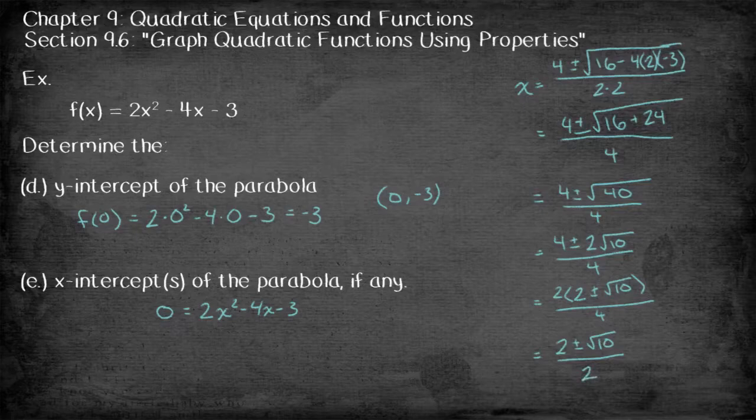We end up with 2 plus or minus the square root of 10 over 2. If you throw that into your calculator real quick, you get approximate values of -0.58114 and 2.5811.